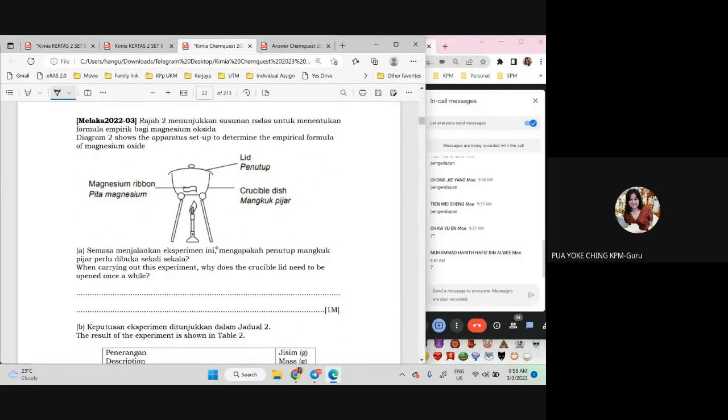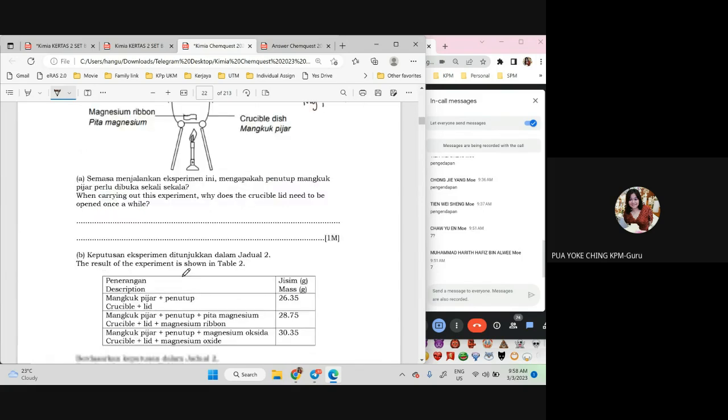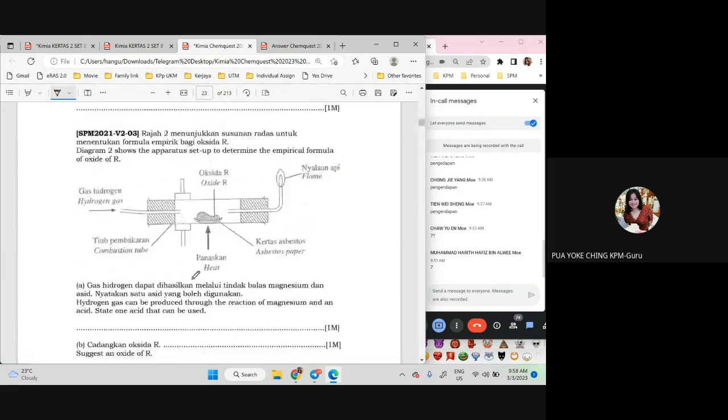This type is for more reactive metal, which is your Mg, your Zn, your aluminium. Okay. This one is for less reactive metal, which is your Pb, Fe, Sn, Cu.